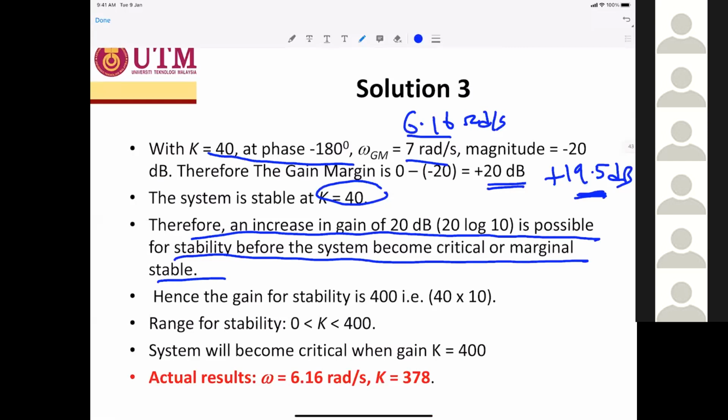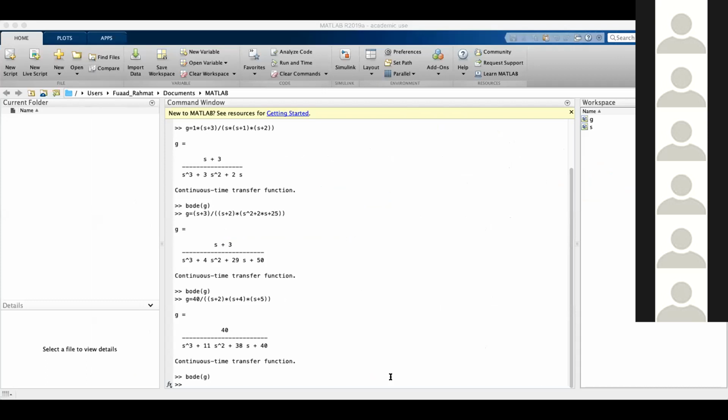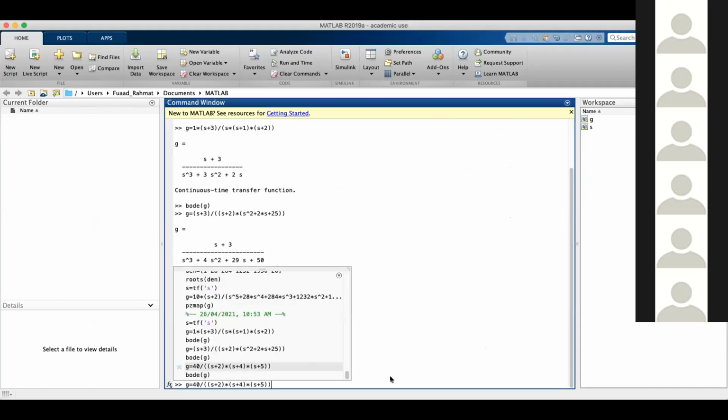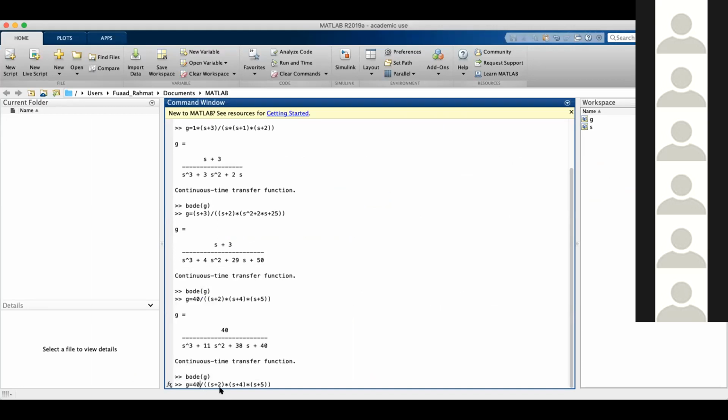So we change the plot. We increase the gain, instead of 40 just now, we change to 400.